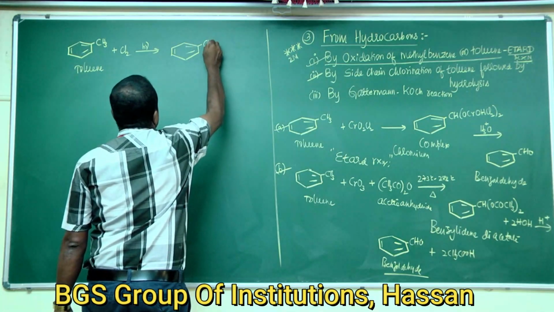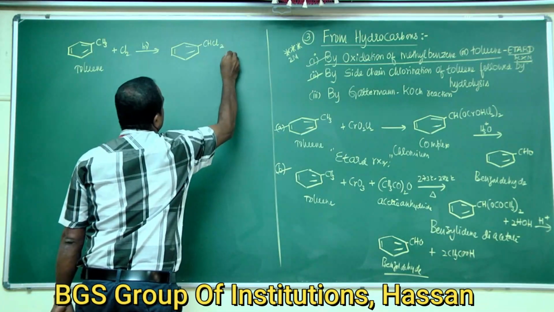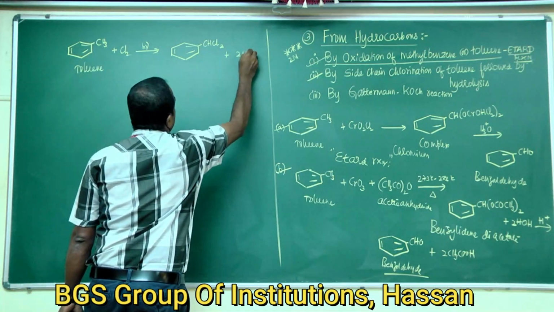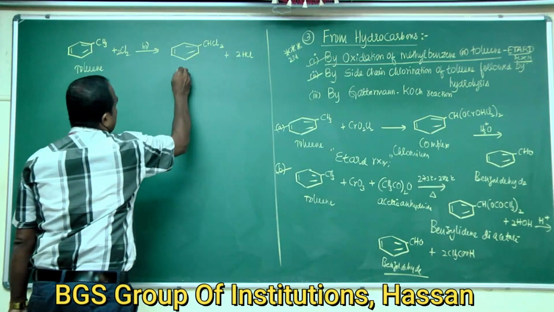A benzene ring connected to CHCl2 plus 2 HCl, take here 2 moles of chlorine. So this is benzyl chloride.